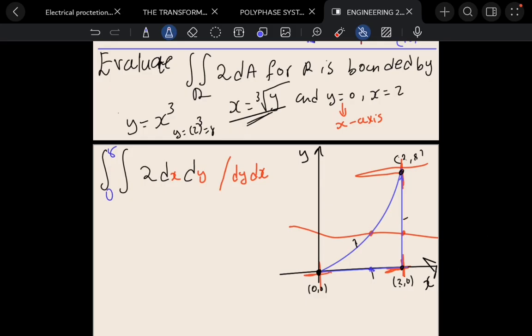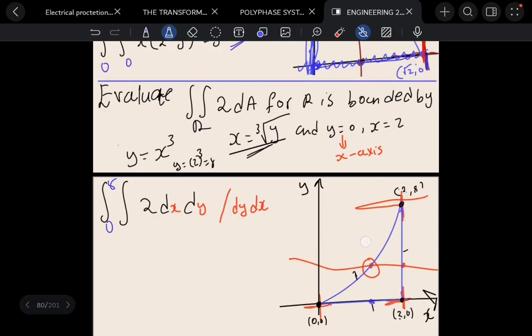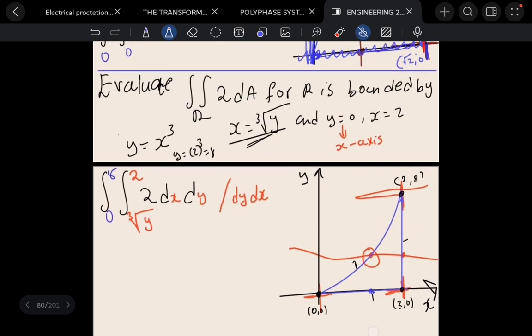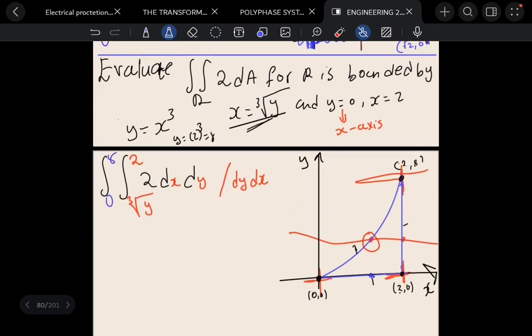Now what is this function in terms of x? It's going to be the cubic root of y, and the last one is just going to be x is equal to 2. Right? So that is your work that you need to do.